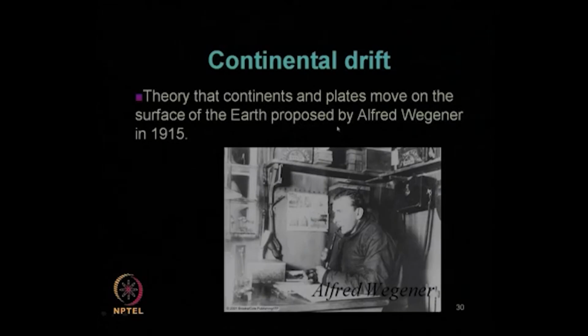This was proposed by Alfred Wegener in 1915. He is the scientist who first proposed this continental drift theory about the movement of the crustal plates.